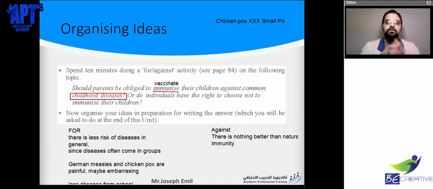You are writing to an educated reader who has no background of the topic, which means that your opinion is his only source of information. And that means that if your opinion is wrong, the reader should not realize it, and he should give you marks based on your argument rather than whether your points are right or wrong. Okay? Nothing better than natural immunity, and this has proven itself time and time again.